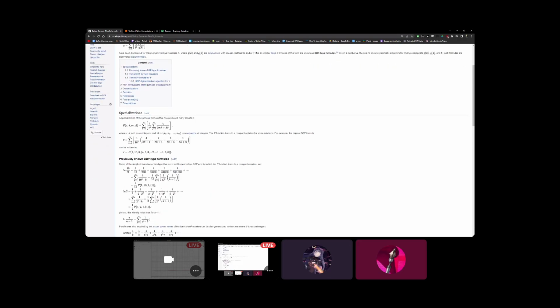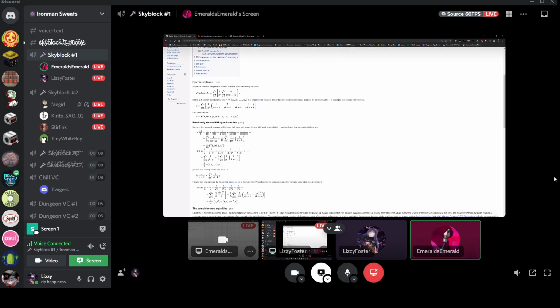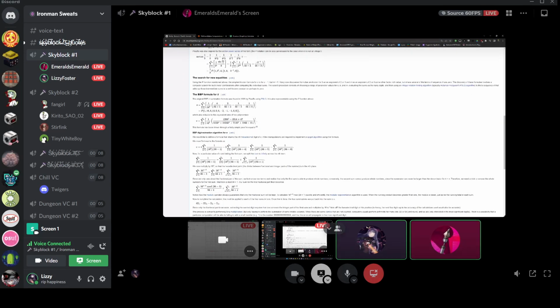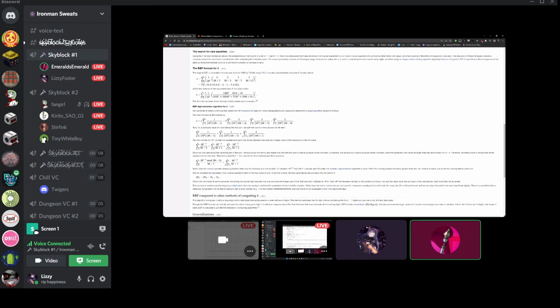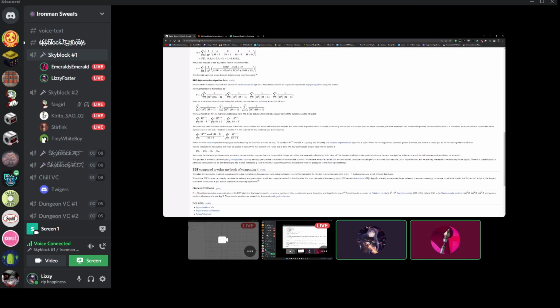But basically we can at some point get a formula for pi. So we have this formula here. So pi is equal to this sum, and then we have infinity.